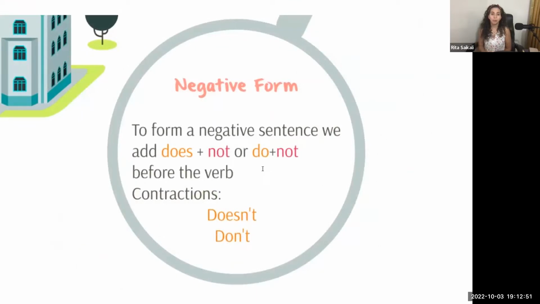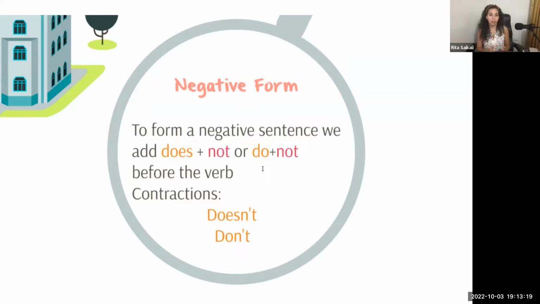So how do we form a negative form of simple present? Well, to form a negative sentence, we add does not or do not to the sentence, okay? So does is the verb to do. The only place, again, that we use does is in third person singular.